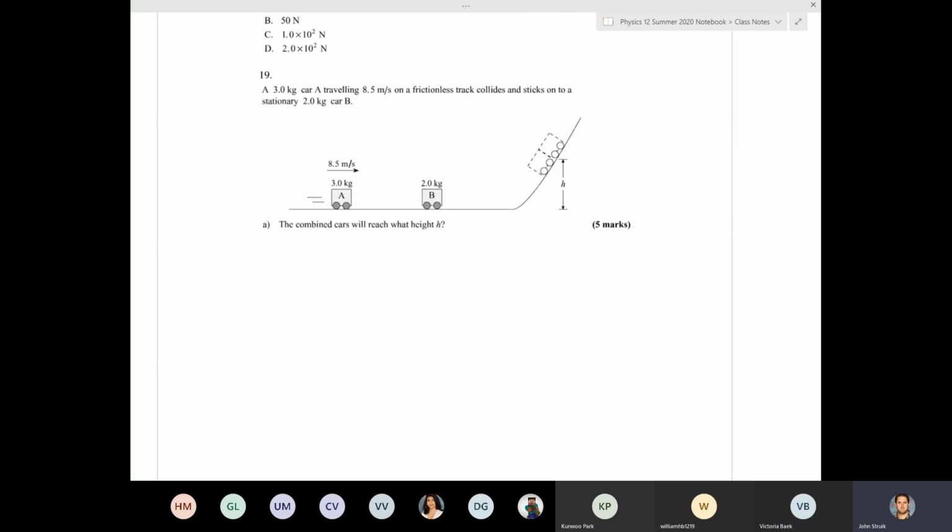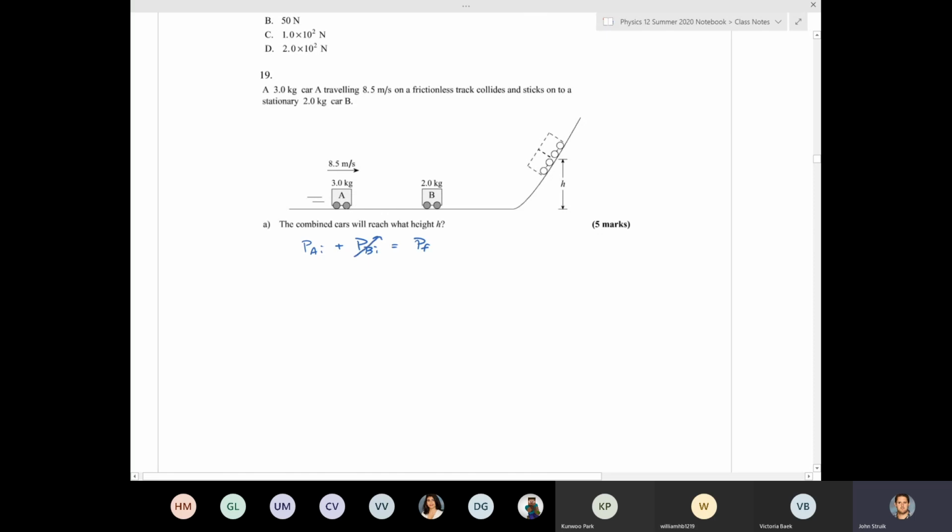Okay, so this one is a good question because it involves momentum and energy. So that's why it's a great question. So we have a car A that's moving, car B isn't, and then they stick together after the collision. So what we need to do is deal with the momentum first. So we have PA initial plus PB initial equals P final.